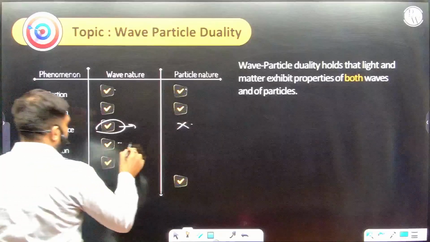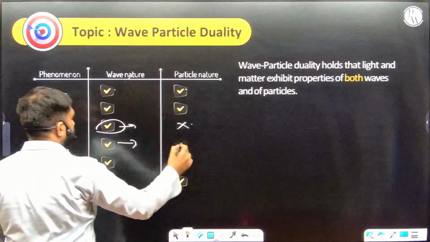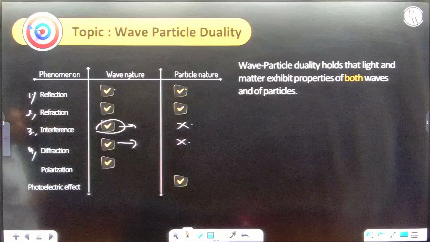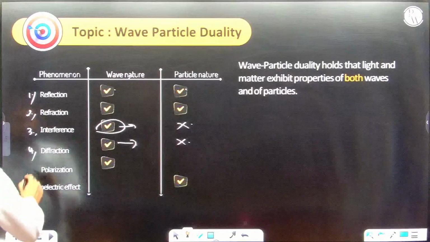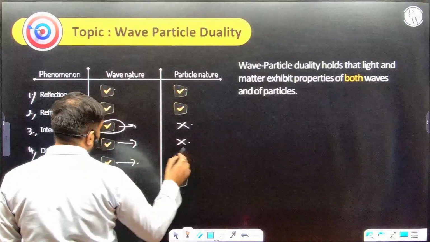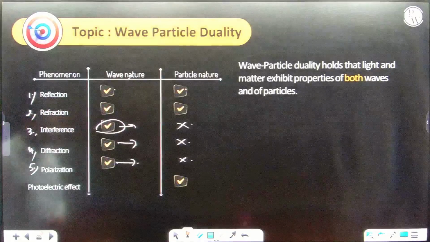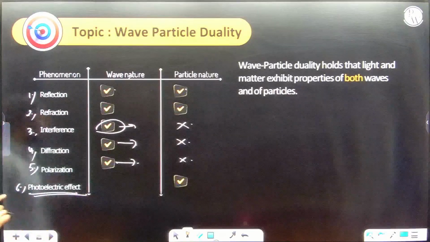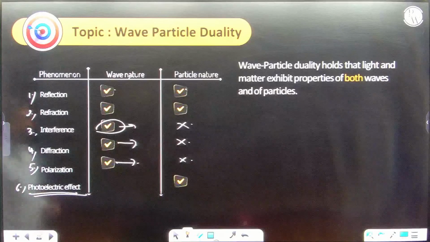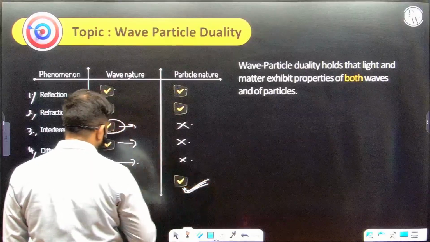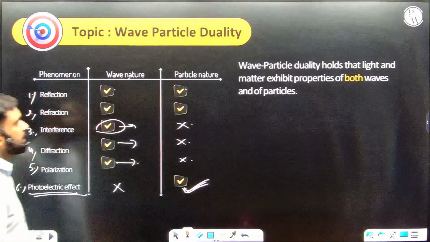Diffraction, in the same way, also tells us about the wave nature. Particle nature doesn't exhibit any diffraction. Polarization again is a wave aspect, only the wave nature. Nothing about particle nature here. While the last one, the photoelectric effect, has nothing to do with the wave nature. I only need the energy, so it shows us the particle nature. Okay.